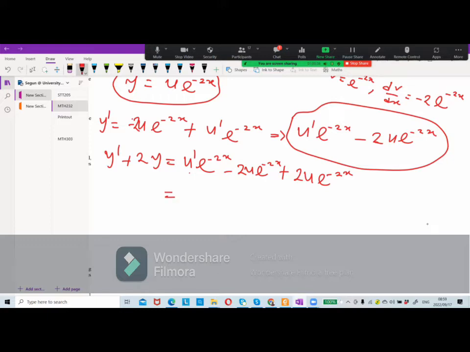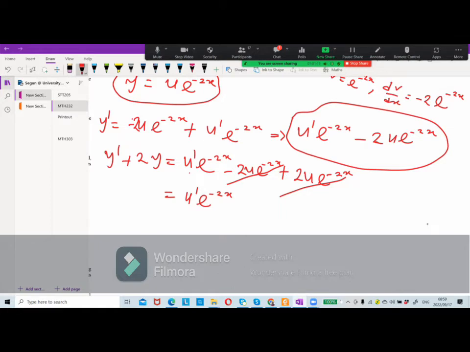What do I have here? Does anything cancel each other? Yes. This one goes with this, right? Exponential minus 2x. It cancels each other. I have it to be u prime exponential minus 2x. Am I right?